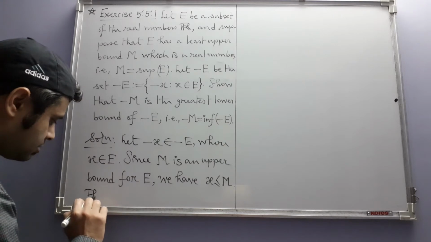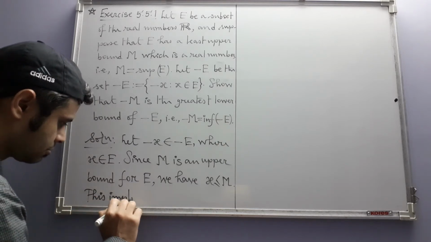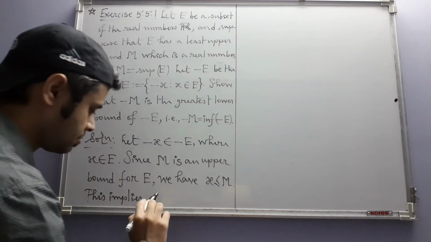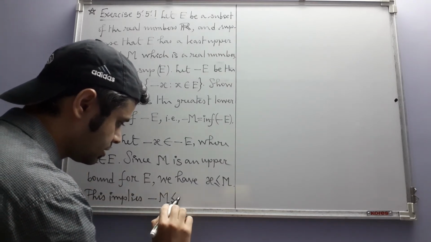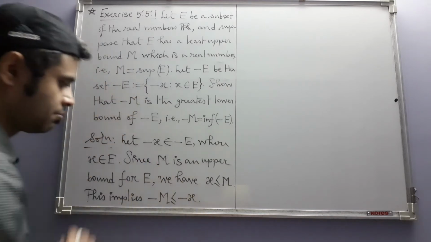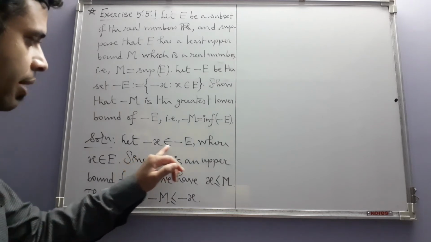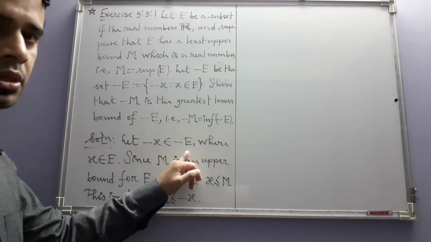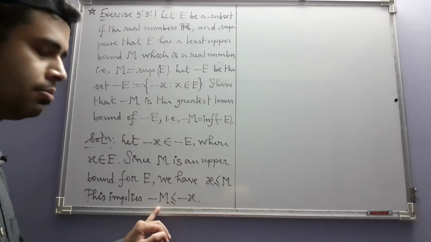This implies minus m is less than or equal to minus x. So this arbitrary element minus x from minus E that we chose has to be greater than or equal to minus m.